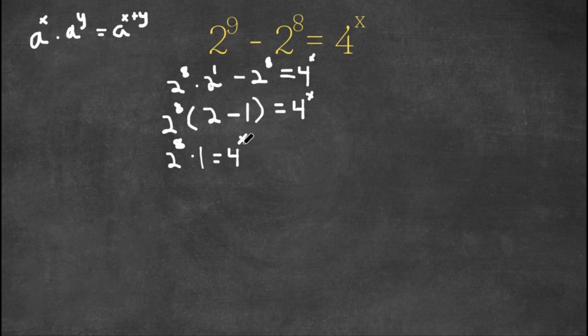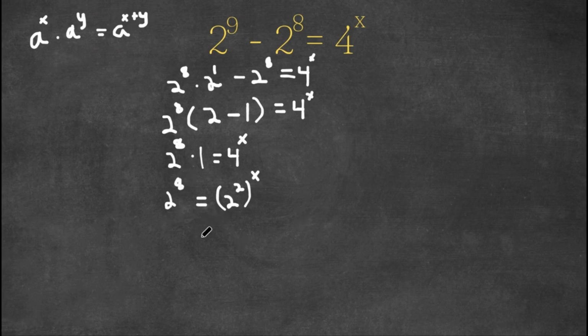Now 4 to the power of x, this can actually be rewritten as 2 squared to the power of x. All we did was we replaced 4 with 2 squared. And this is equal to 2 to the power of 8 times 1 is simply just 2 to the power of 8.